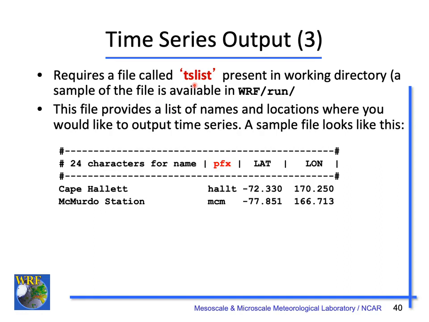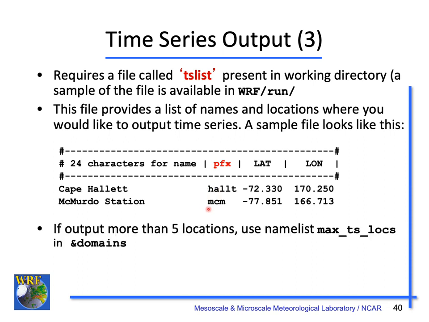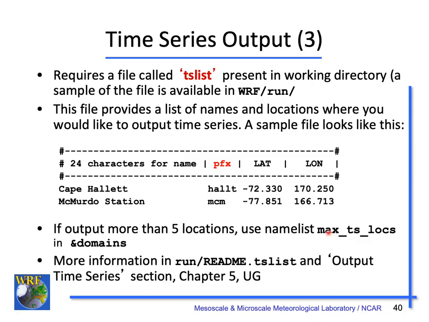This file has the list of names, the locations, and the prefix of the file names. If we need more than 5 time series, we need to add the namelist option max_ts_locs in the namelist file and set the number. A template of this tslist file can be cut and pasted from the README.tslist file in the run directory.